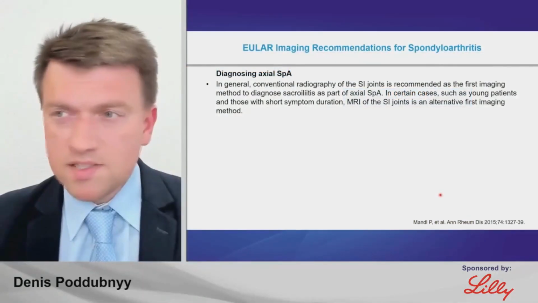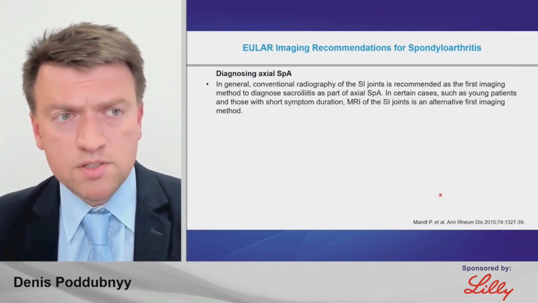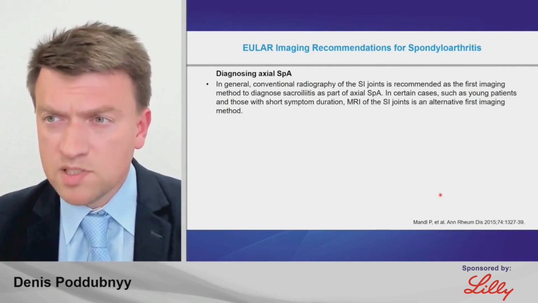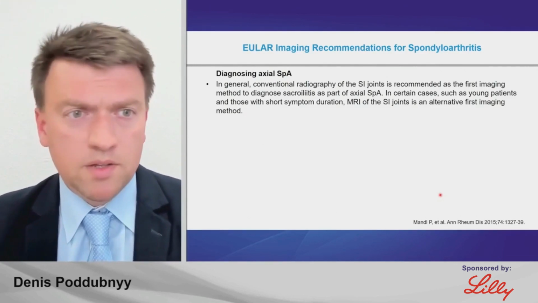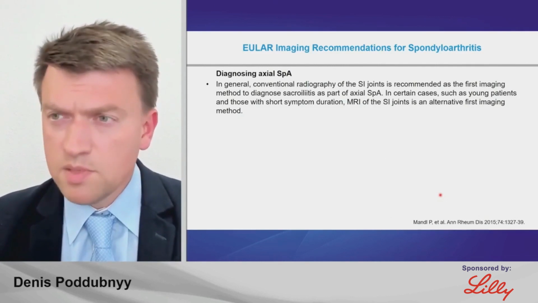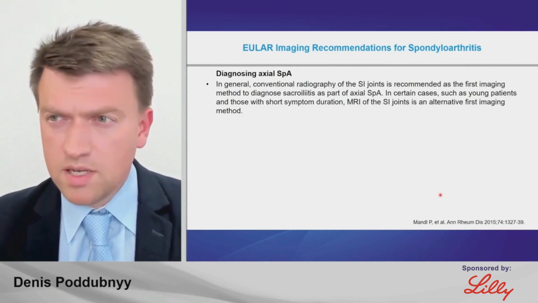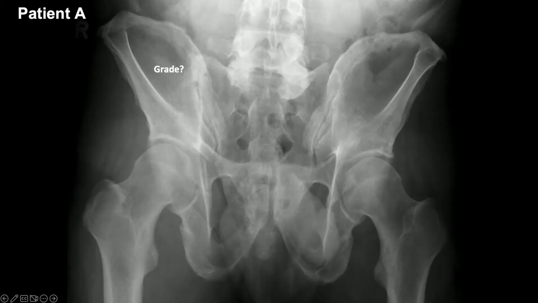We still live with this set of recommendations for imaging in patients with suspected spondyloarthritis, and it still recommends performing an X-ray of the sacroiliac joints first as the first imaging method if spondyloarthritis is suspected. This has been done in our case.